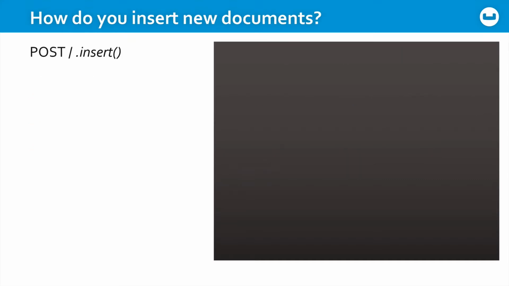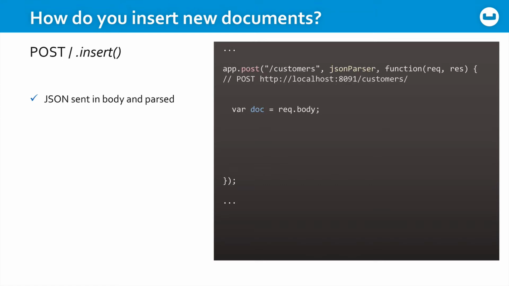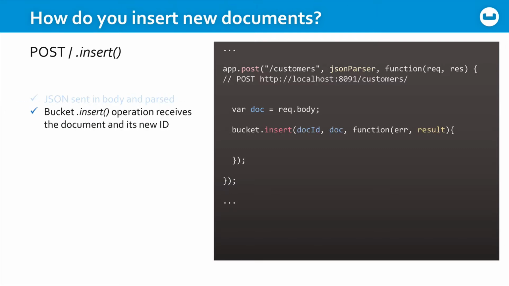So how do you insert new documents? In a post route, you might choose to use the insert operation. So you send in the JSON body and parse it. Here we're showing JSON parser being used inline within the route as middleware. It's being parsed through the .body property of the request object that gets added by JSON parser, assigned locally as a doc.